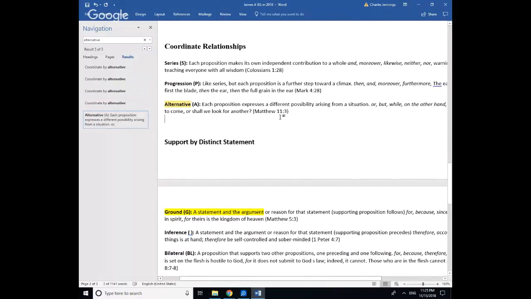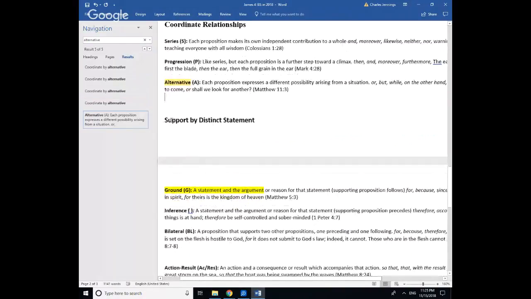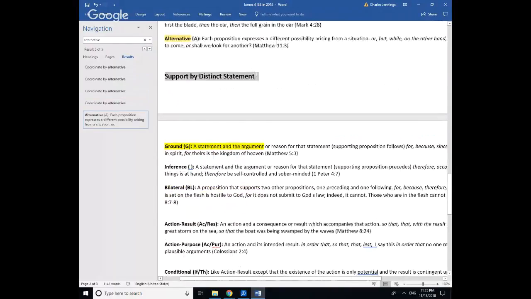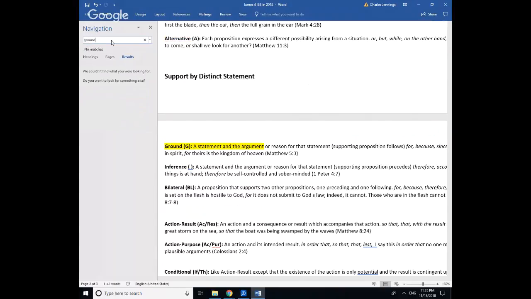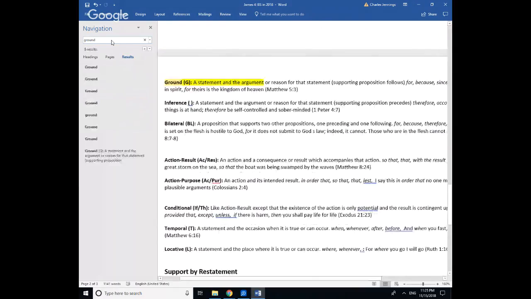Coordinate relationships. Now we're going to do support by distinct statement. So we're going to look for ground first. All right.